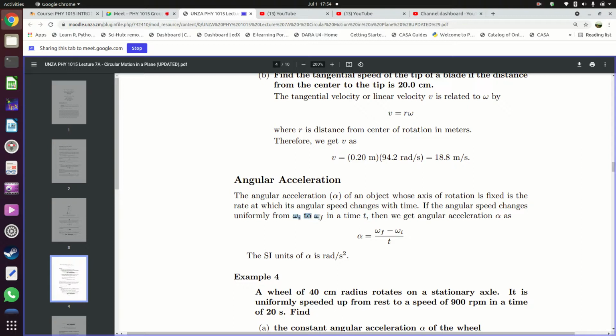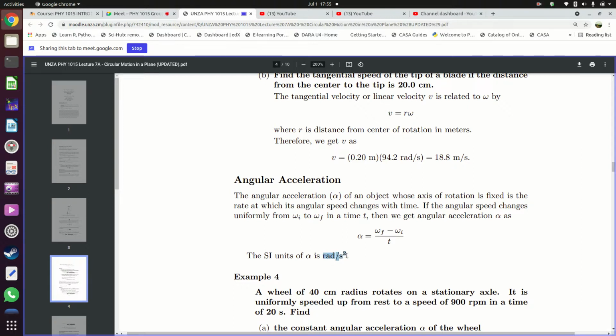Then you can get the angular acceleration alpha like this. Alpha is equal to omega f minus omega i divided by t. Omega f is the final angular velocity minus the initial angular velocity divided by the time it takes for this change in angular speed to happen. This change in angular velocity is measured in radians per second divided by the time, so you end up having your angular acceleration in units of radians per second squared.